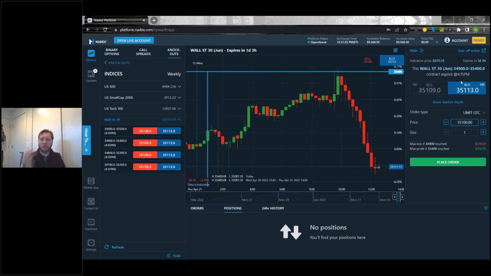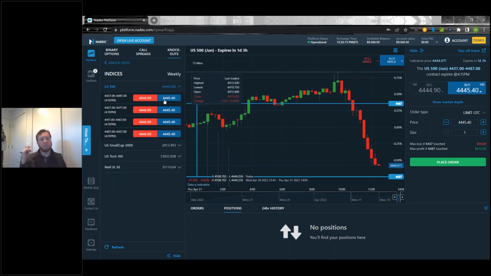So we know I'm also paying 200 to get in here. So you know, okay, the Wall Street 30, if I'm trading this contract, a $1 movement in the Wall Street 30 is going to be a $1 movement in the Nadex knockout contract. While in the US 500, a 0.1 movement in the S&P 500 is going to be $1.